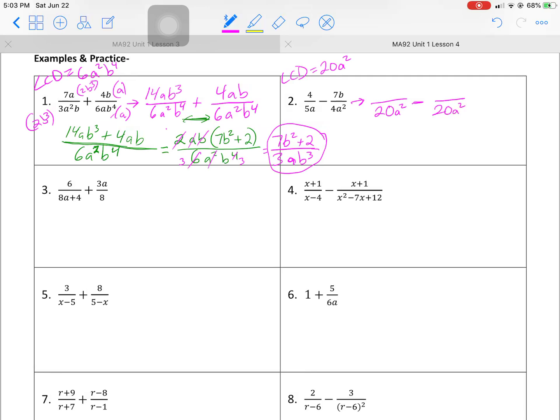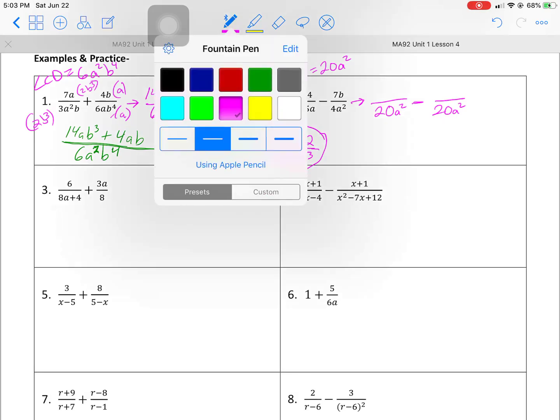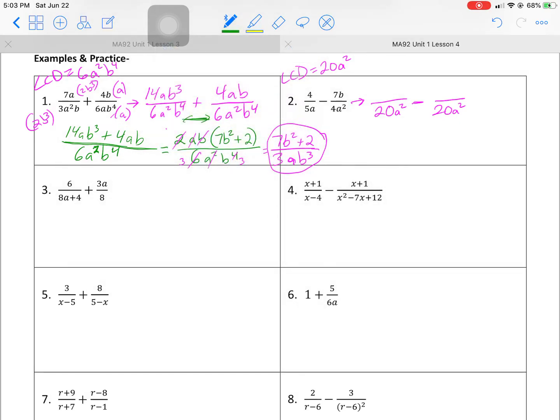A squared. Okay. So how do we make 5A into a 20A squared? It must have been multiplied by 4 and another A. 4 times 5. Does that make sense? So this is times 4A. It's got to be multiplied by the same thing. So 4 times 4 would be 16A.